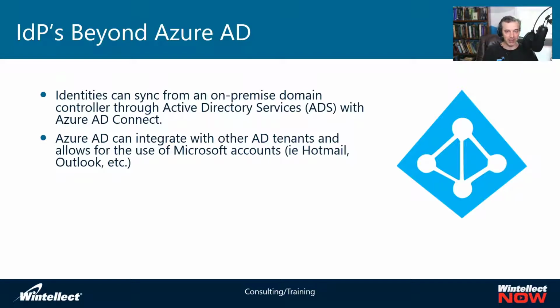So this gives you some extensibility beyond the IDs that you're managing inside of your particular Azure Active Directory tenant on Microsoft's infrastructure. It also allows for the Microsoft accounts that might exist to log into your Active Directory as well. These would be like Hotmail accounts or Outlook.com accounts that folks have set up to have personal email accounts and all of those kinds of things as well.